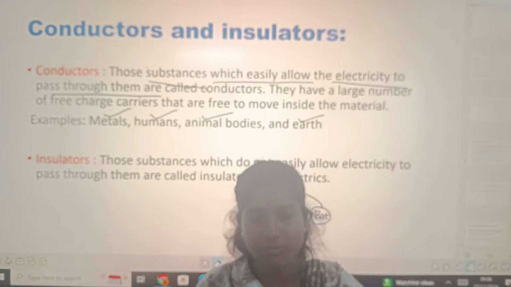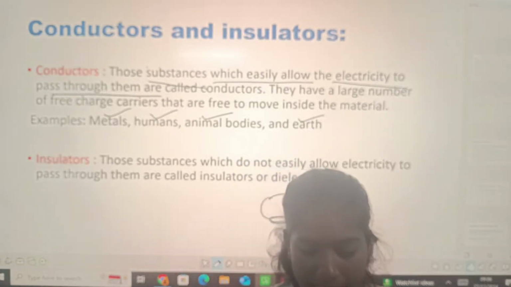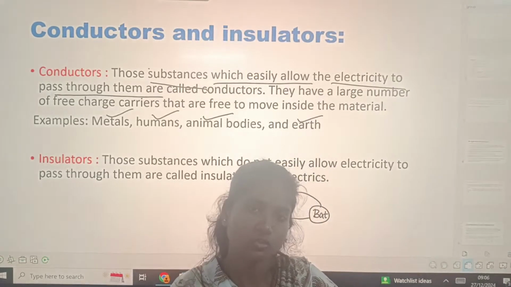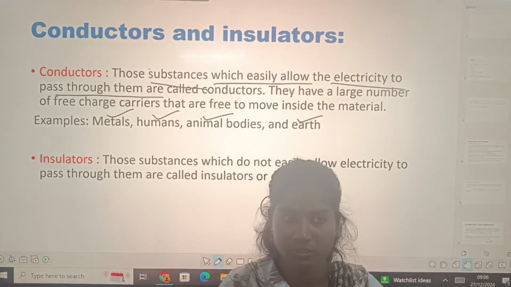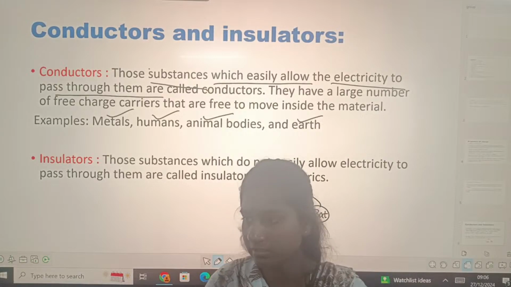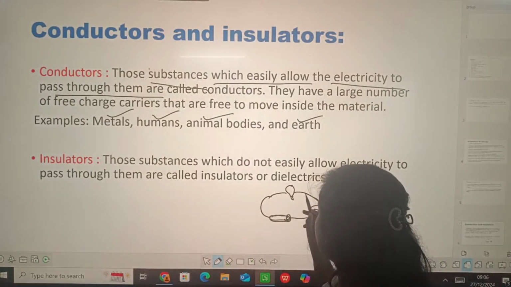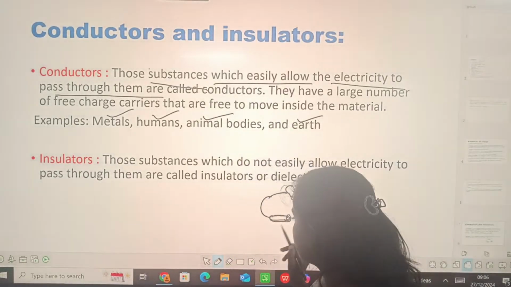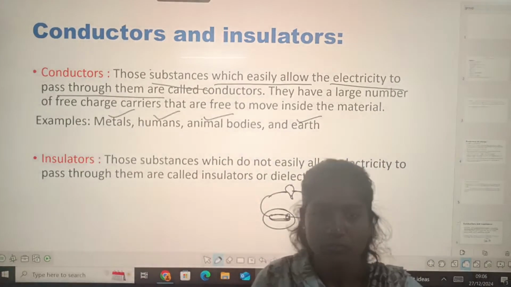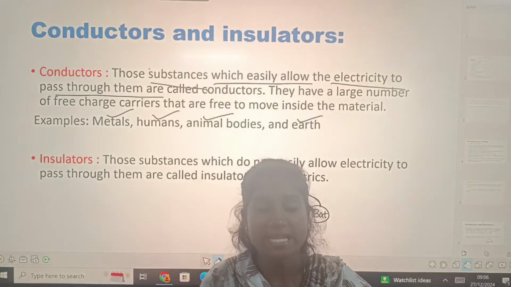If I pass some electricity through these connections, the bulb will easily glow. Why will it glow? Because this pin is a metal, that's why it will conduct some electricity.